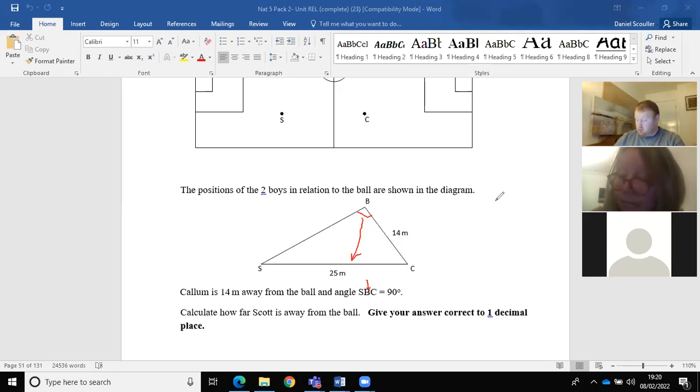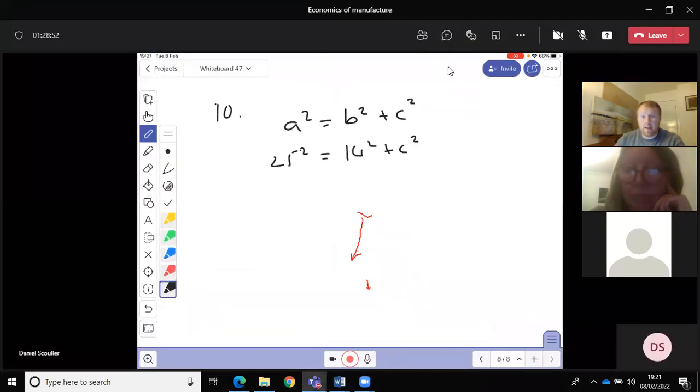Just working through that then, working out that missing side. I'll just take a note of that. What question are we on, 10? So a squared equals b squared plus c squared. A squared is the hypotenuse.